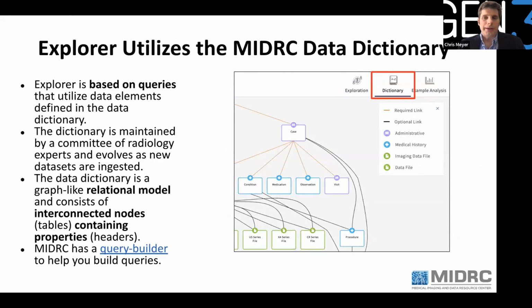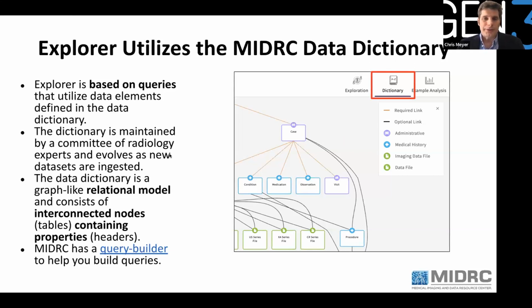So when you make a selection, like filtering all the imaging studies for the CT modality, that's actually sending a query to the MIDRC APIs, and the API sends a response. That response is loaded into the user interface that displays the table of data and populates the buttons that let you download the table of data and get the files. So all of this is based on the data model.